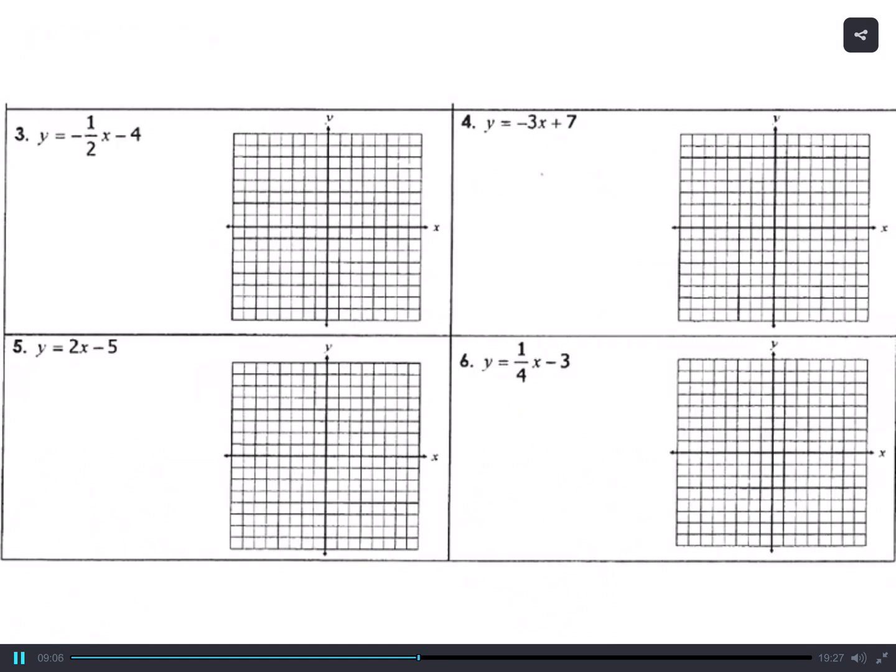So what I'd like for you to do is pause the video and try example number 3. All right, so I have identified my y-intercept as well as the ordered pair that I need to plot, and then I've plotted it.